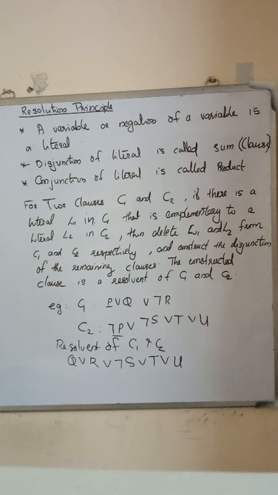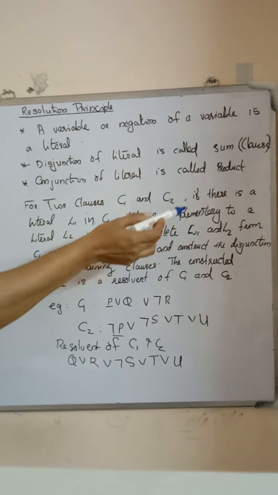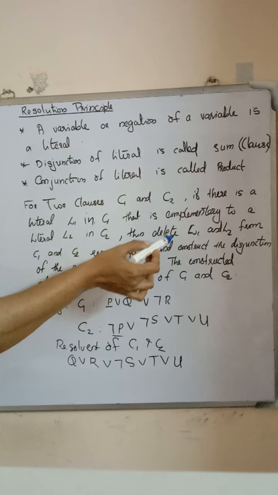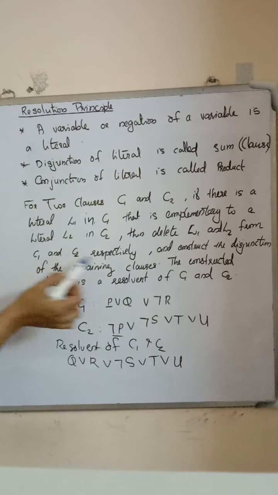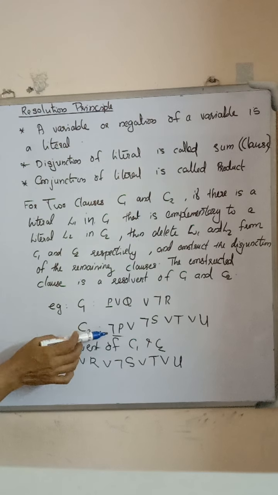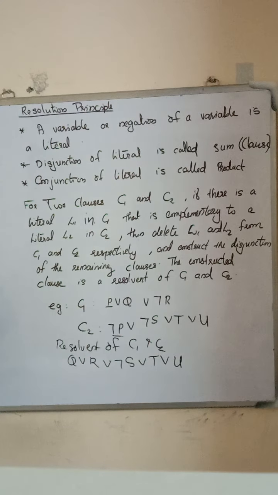By the resolution principle, if there is a literal L1 in C1 and its complementary literal L2 in C2, then delete L1 and L2 from C1 and C2 respectively. Here P and negation P are complementary to each other.